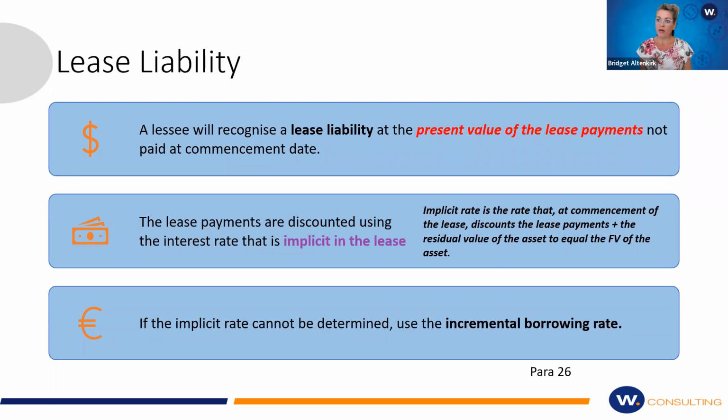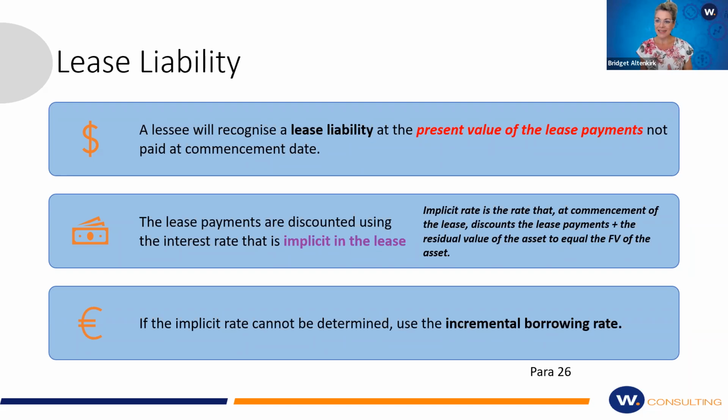What we're looking at, though, in particular, is how that lease liability gets measured, and what are the rates that a lessee should be using when measuring that lease liability. In measuring a lease liability, the standard says the lessee must recognize the liability at the present value of the lease payments at commencement date.